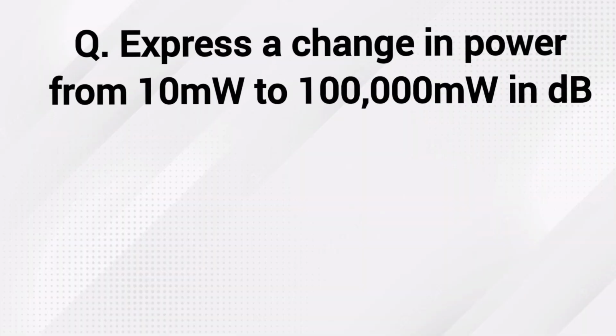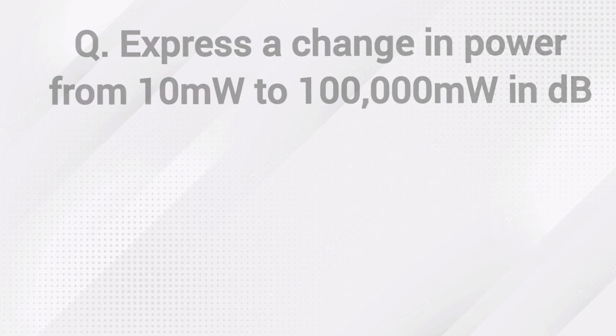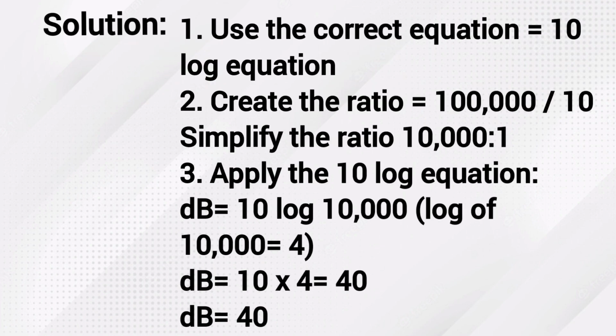For example, you want to express a change in power from 10 milliwatts to 100,000 milliwatts in decibels. To solve that problem, you may want to follow these steps. First, use the correct equation, which here will be the 10 log equation. Then you create the ratio. Make sure first that they're in the same unit.